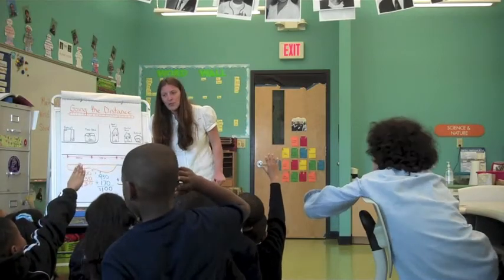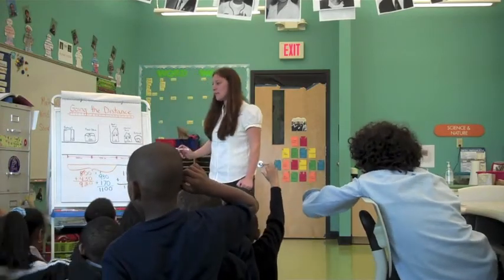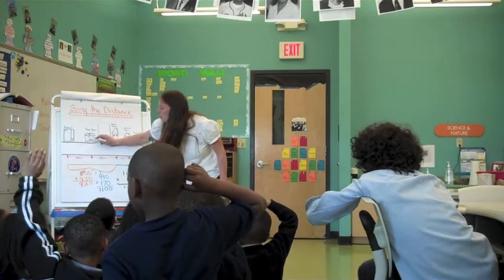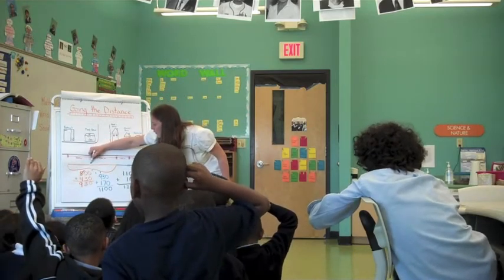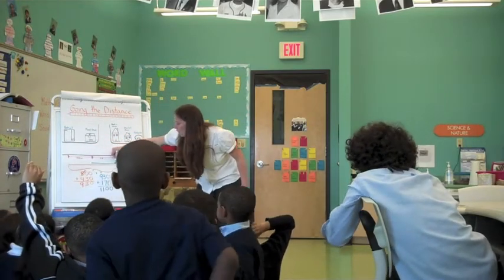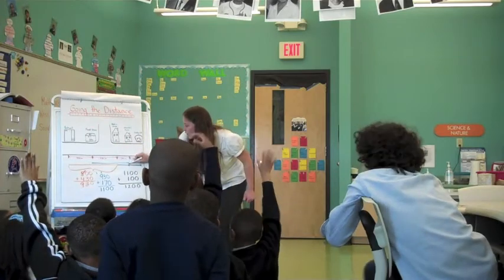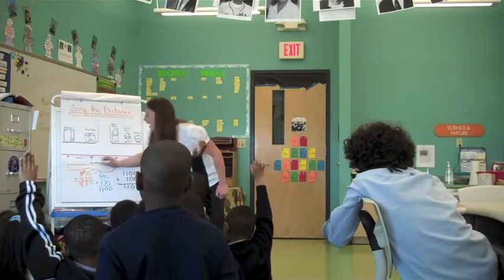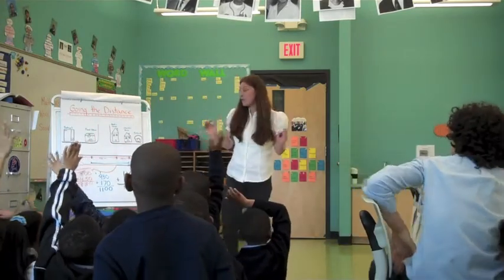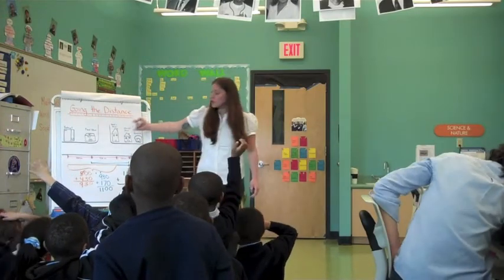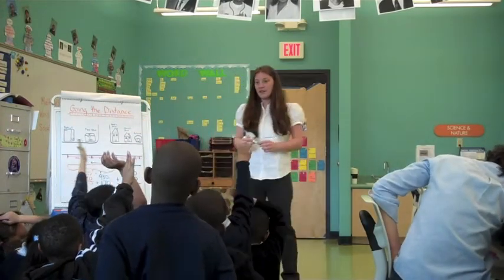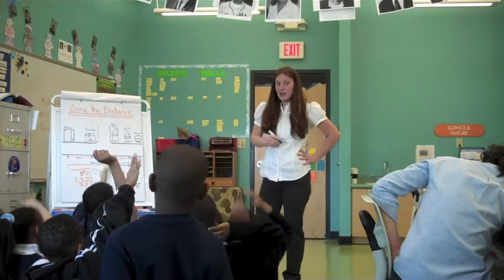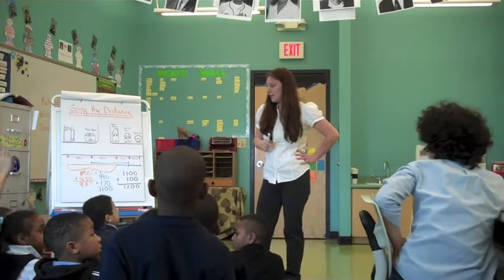I want you to tell me how far it is from the food store to Charles's house. What would you have to do just from the food store to Charles's house? Gianni, are you raising your hand? All right.